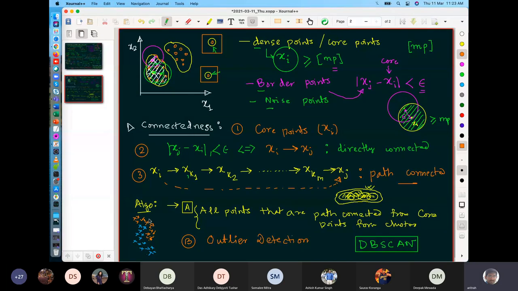So now see, what I was trying to make here is one cluster like this and another cluster like this.